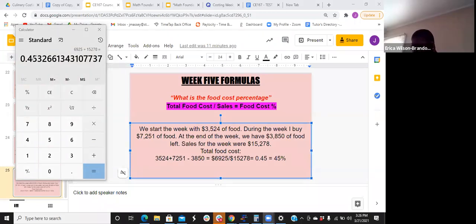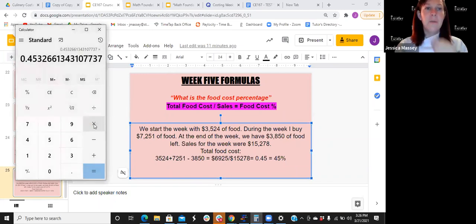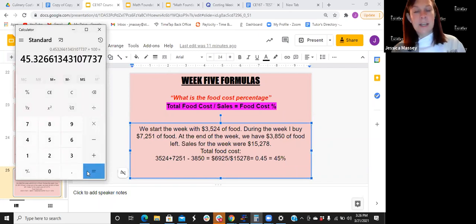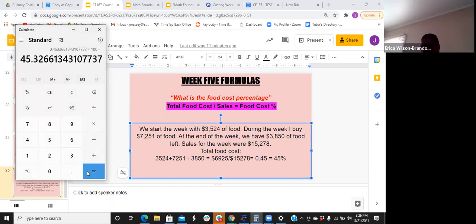I got my first beginning numbers are correct, Chef, but when I get all the way to the end, my numbers are not right. I got 0.453266. Yep, that's exactly what we got. And then you would multiply this by 100, or move your decimal two spots over to get it into a percentage. And that gets us 45%. Yep, that's what I got. Perfect. You're spot on.